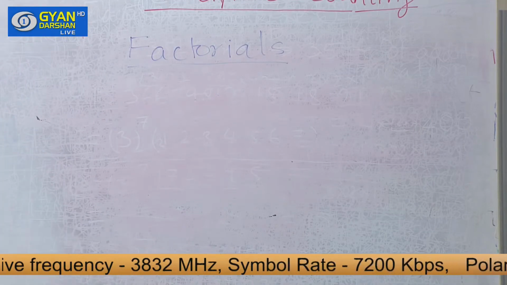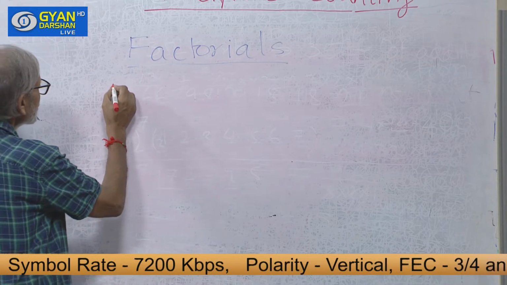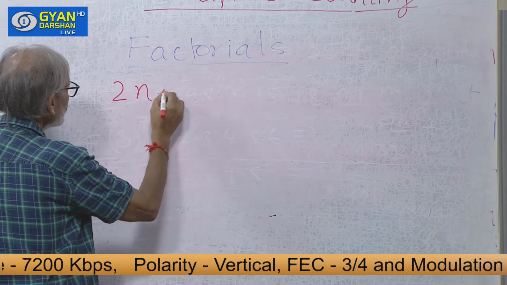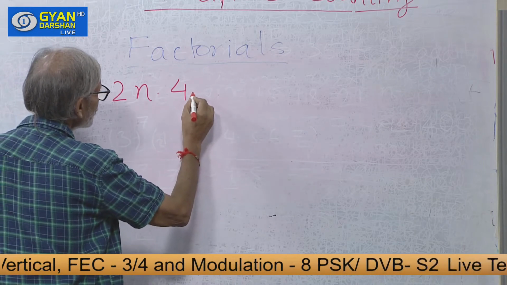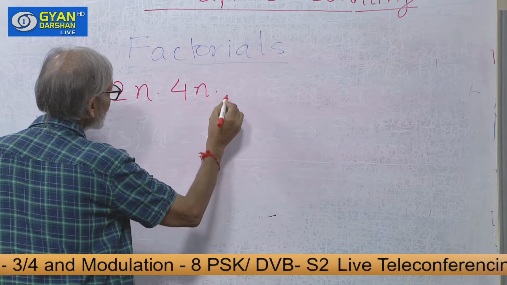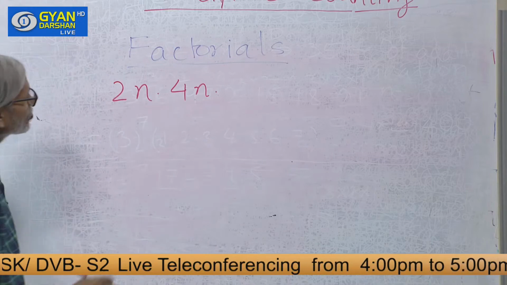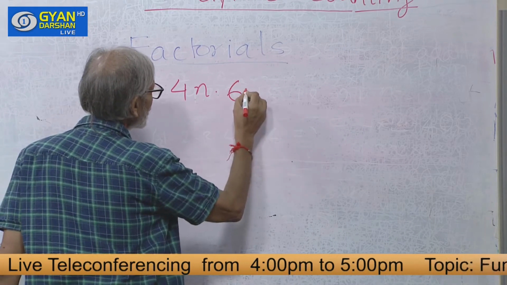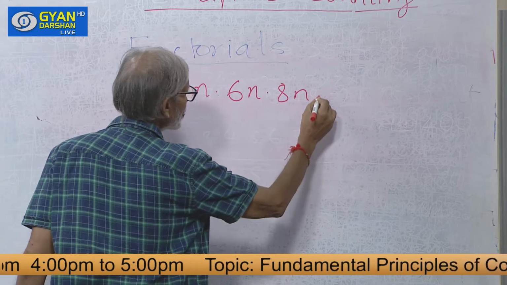So, anything written similarly in the form of 2n into 4n into 6n into 8n.